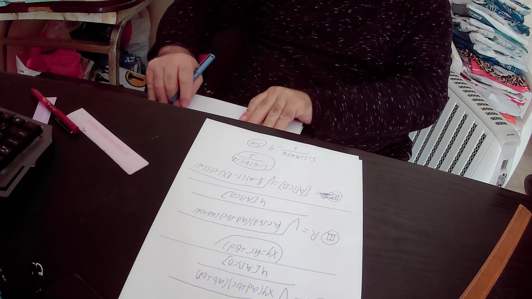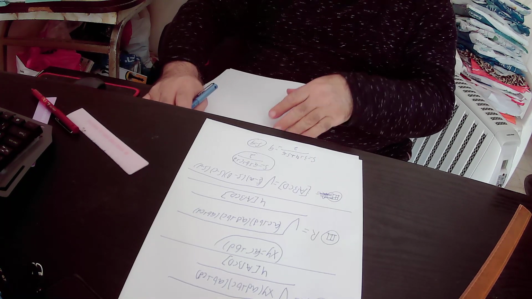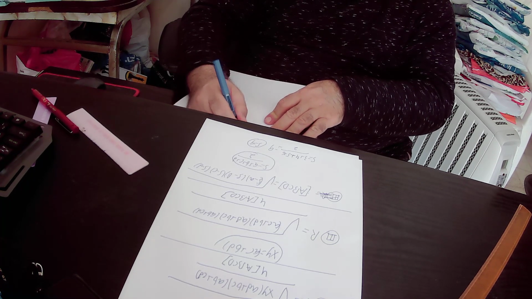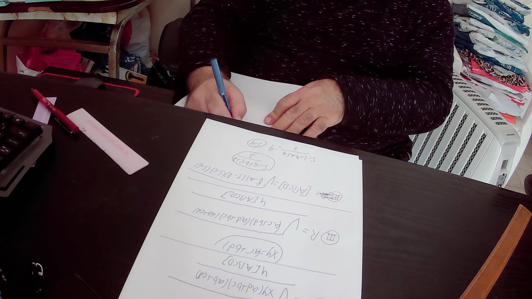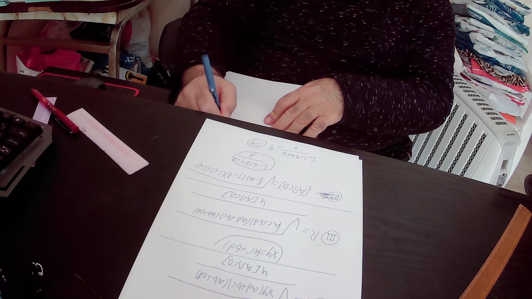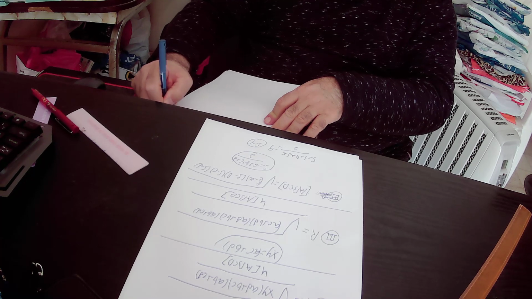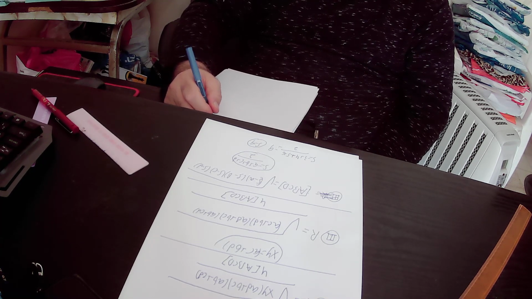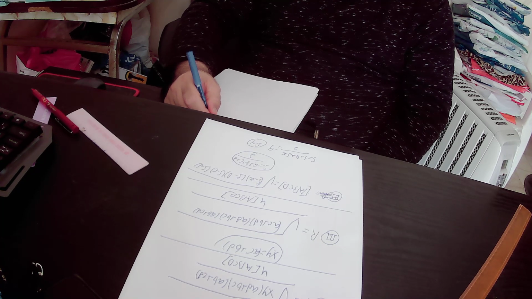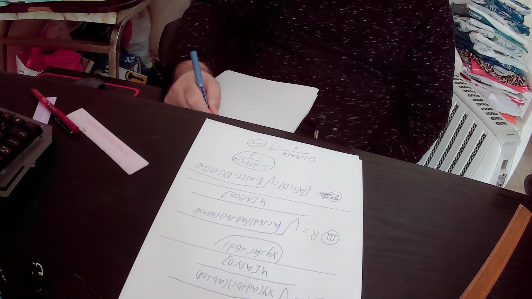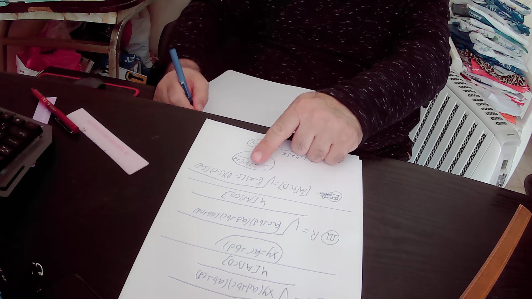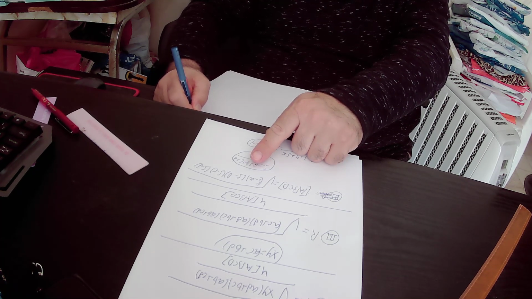We will get that the area of quadrilateral ABCD will be equal to the root of S minus A. S is 9, A is 3, so it is 9 minus 3, times S minus B. S is 9, B is 4, so it is 9 minus 4.